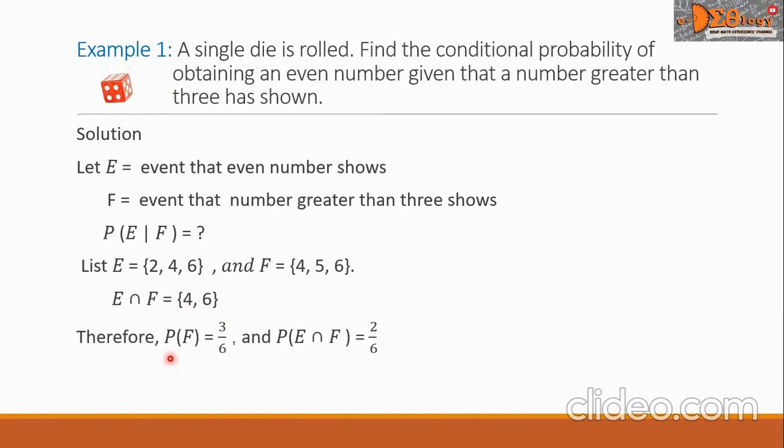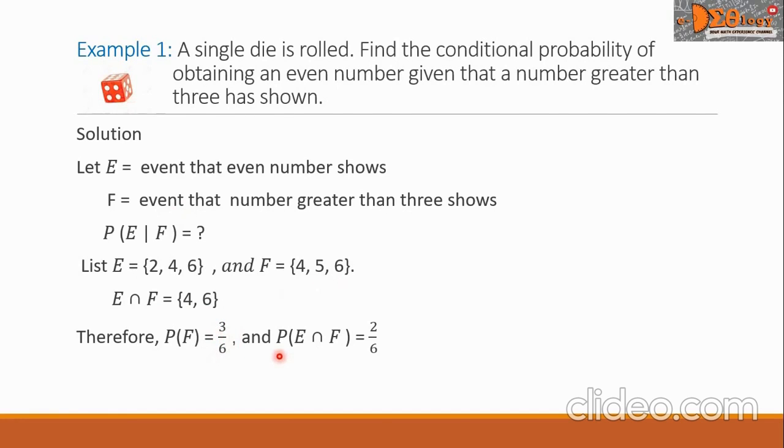Therefore, the probability of F equals 3 over 6. We write here 3 because there are 3 elements for F. And we write here 6 because there are 6 elements in our sample space of rolling a die.